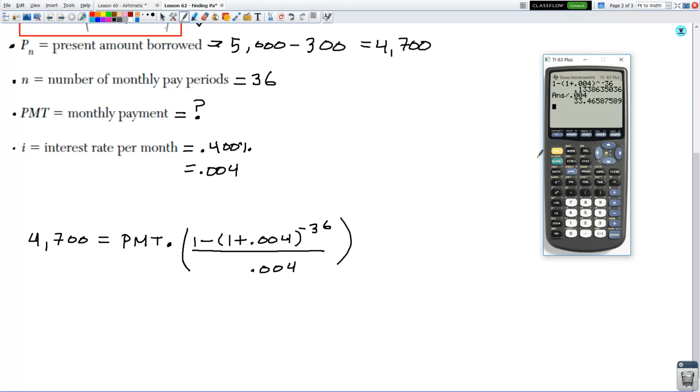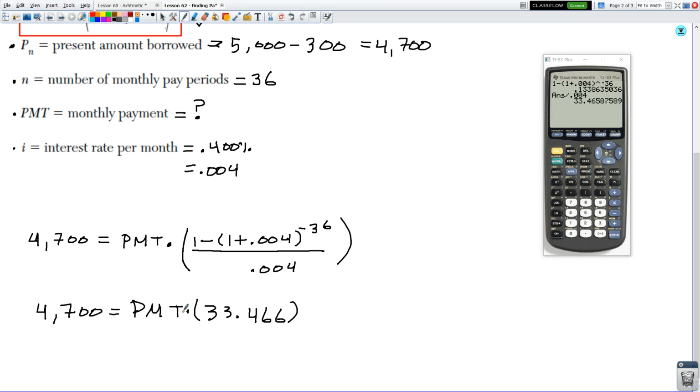So that means that on the right side, we can rewrite the equation now, because now we have 4,700 equals PMT times 33 point, let's round this to the nearest thousandth, so that's 3 numbers, 466. That's fine. Remember that here we're multiplying.